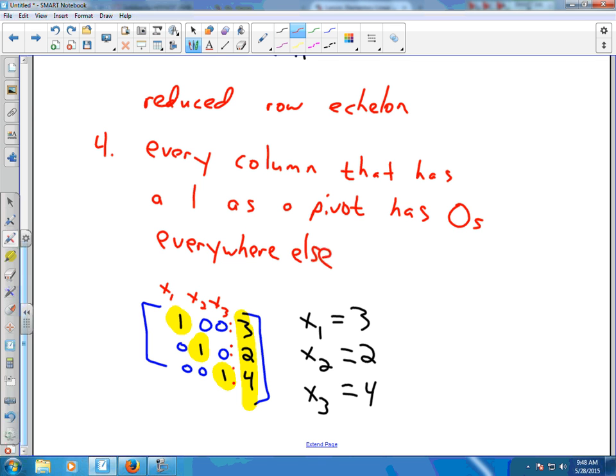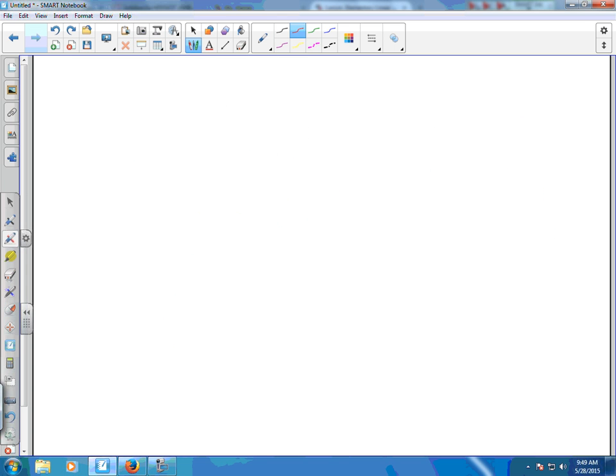So we did Gauss elimination in the last section. To get in reduced row echelon, that's called Gauss-Jordan elimination. So let's see.